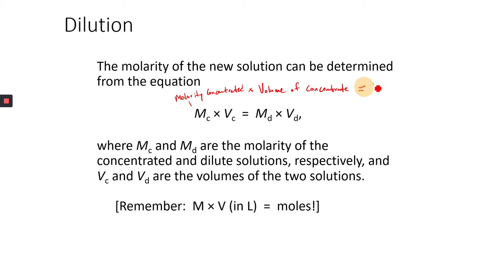And you set that equal to the molarity of the diluted times the volume of diluted. And remember, if you take your molarity times your volume, as long as your volume is in liters, you will get moles.